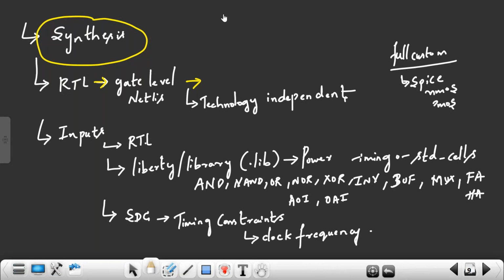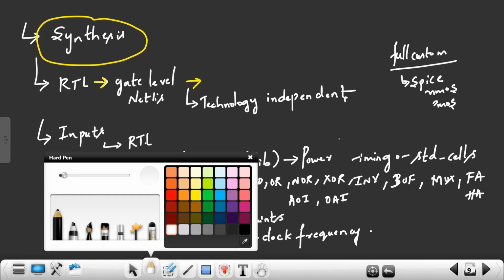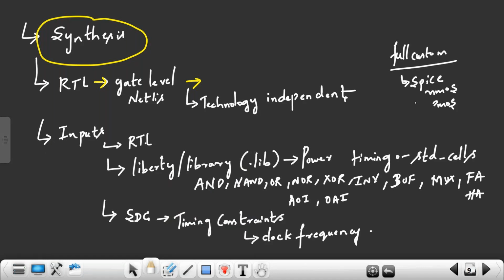So now your full custom design team will take these spice models, which depend on the technology. The mathematical model will change from technology to technology because current conducting capability, everything doesn't remain the same. Mathematical model means not only the current equation, it's also the equation for threshold voltage, for leakage current, for your switching current, and for your short circuit current.